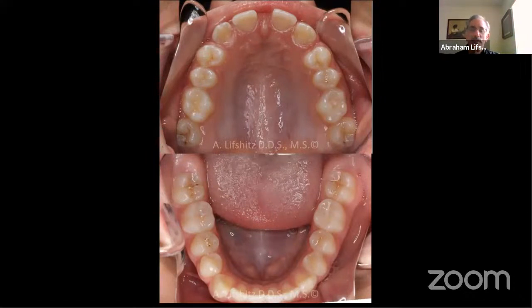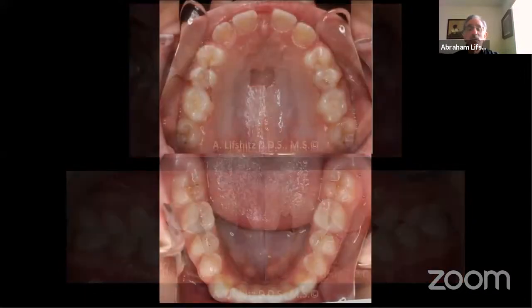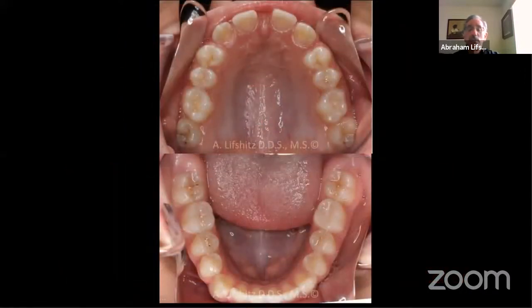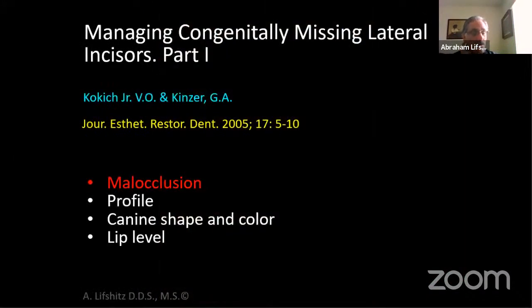We can bring those premolars back into a good class 1 occlusion. We can close the diastema and bring the canines into a class 1 occlusion. She has a good lower arch with no crowding at all. So I would say that the malocclusion complies with the requirements.